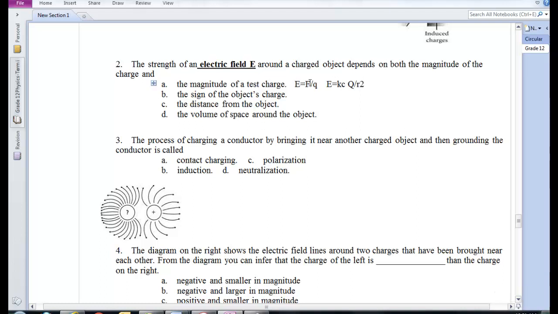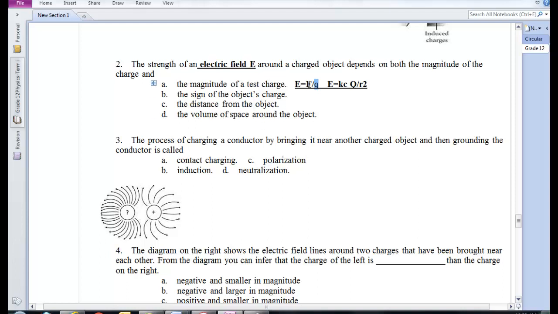So this question is related to one of those rules. E around the charged object depends on both the magnitude of the charge, which is Q, and the magnitude of the test charge, the sign of the test charge, the distance from the object, the volume of the space.